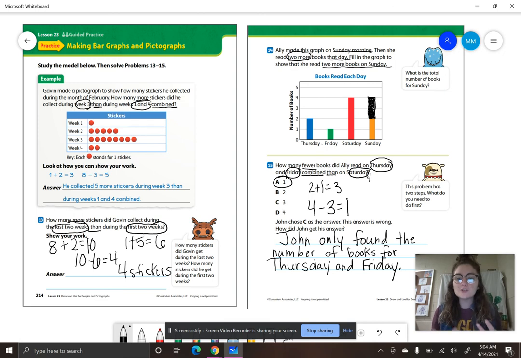So we were able to look back at our problem because John found C. When we looked back at our work, we could figure out how he got that problem. He only combined the books for Thursday and Friday. He did not compare the number of those books to the number of books read on Saturday. Those word problems, Smarties, you got to read them more than once so you know what's going on.